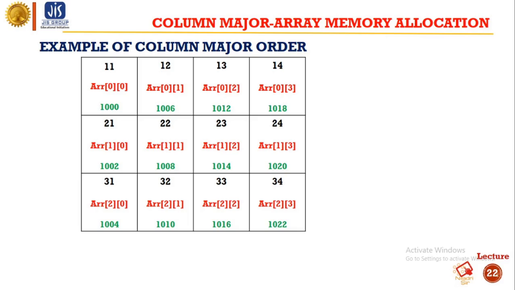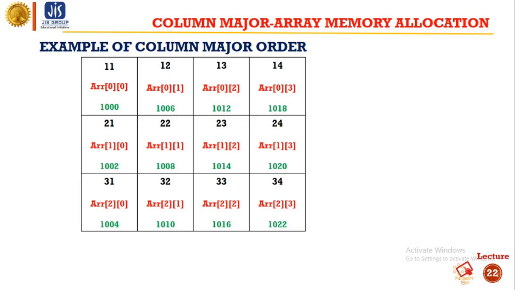ARR00 is the index position of the 0th row, 0th column. ARR01 means 0th row, first column. ARR02 means 0th row, second column. ARR03 means 0th row, third column. ARR10 means first row, 0th column. ARR11 means first row, first column. ARR12 means first row, second column. ARR13 means first row, third column.